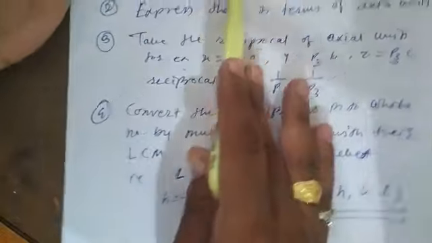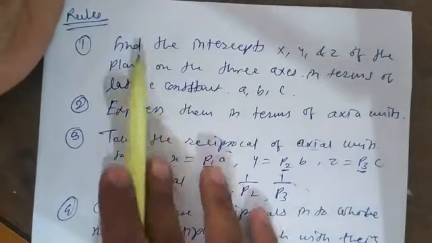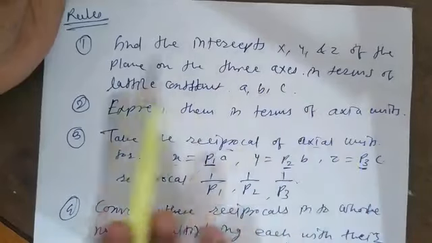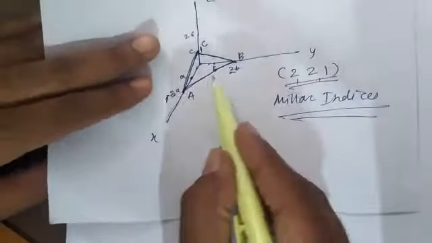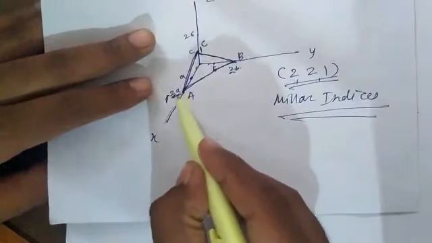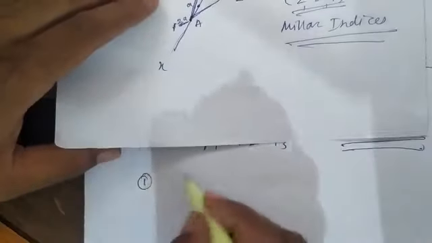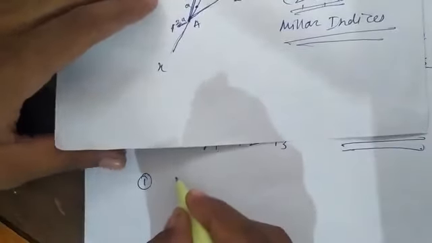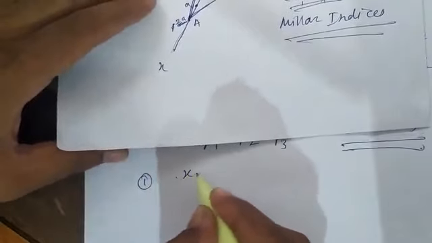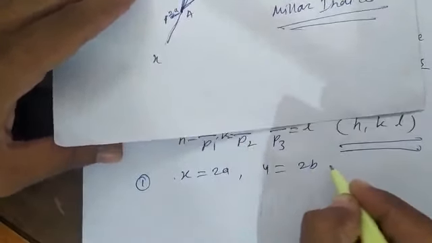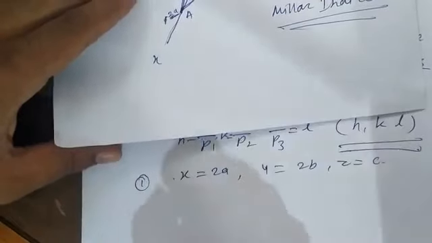Find the intercepts of x, y and z on the three axes in terms of the lattice constants A, B, C. The intercept along the x-axis is twice A, along the y-axis twice B, and along the z-axis only C. Therefore x equals 2A, y equals 2B, and z equals C.